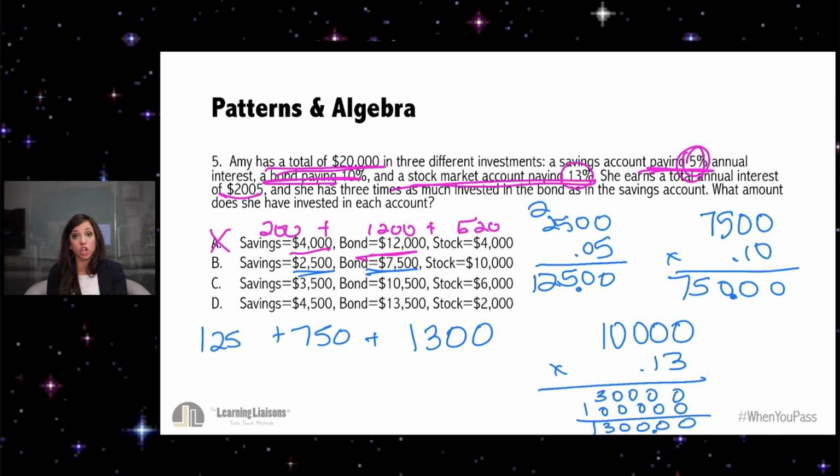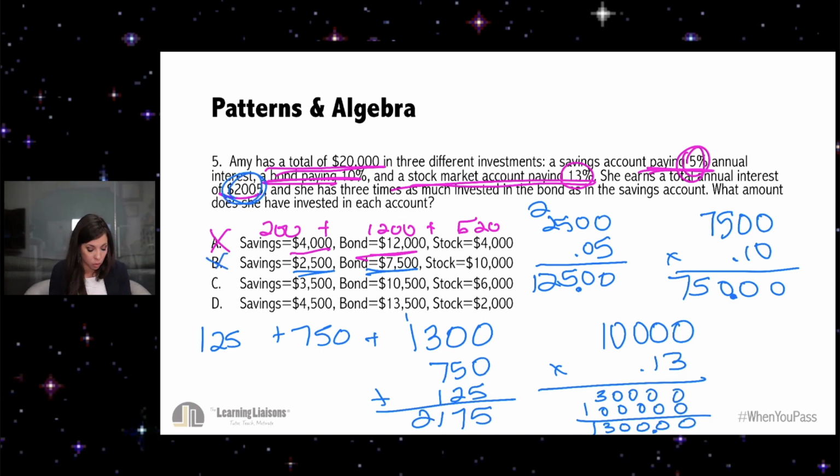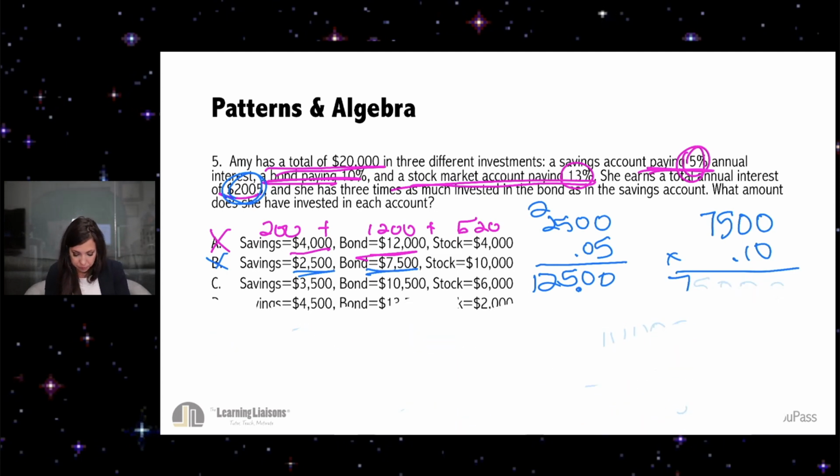I'm going to add those numbers together and see if I get 2005. I got $2,175. That's not the correct answer either, because remember, we're looking for an interest value of $2,005. Let's check out answer number C.